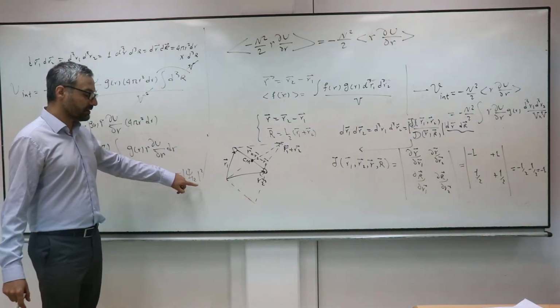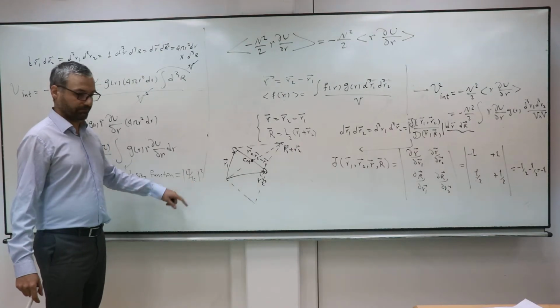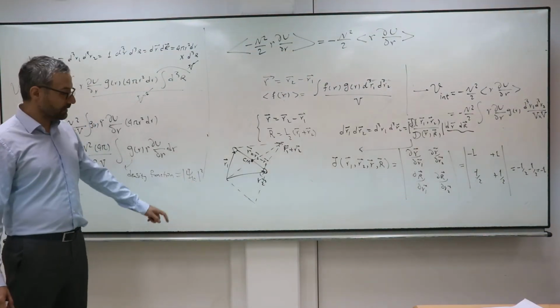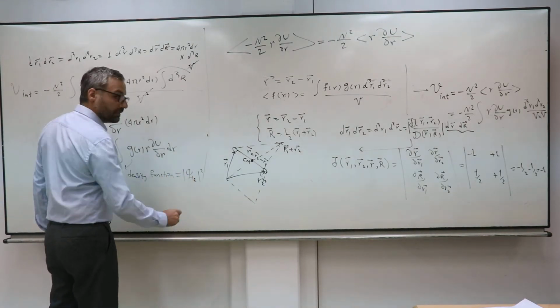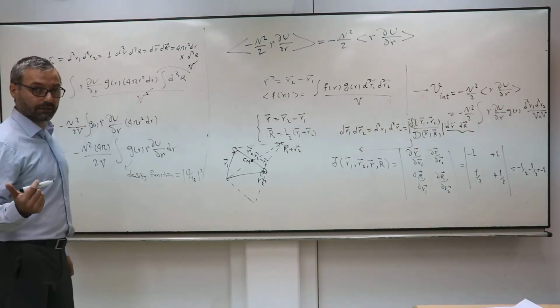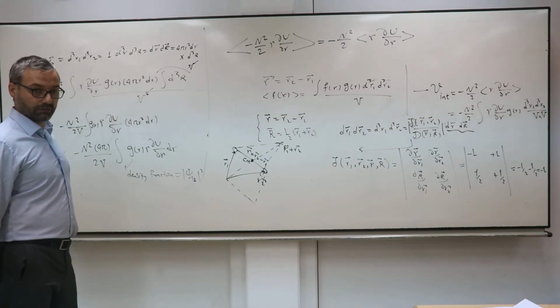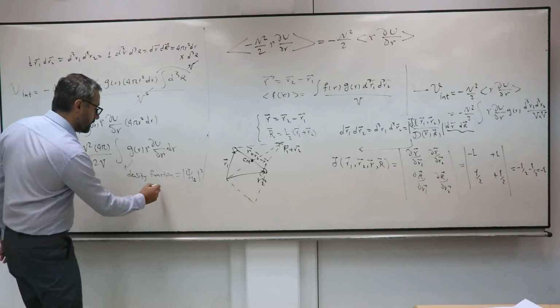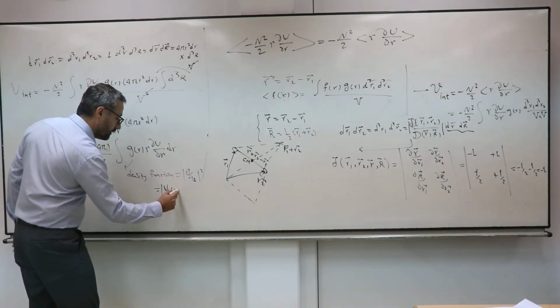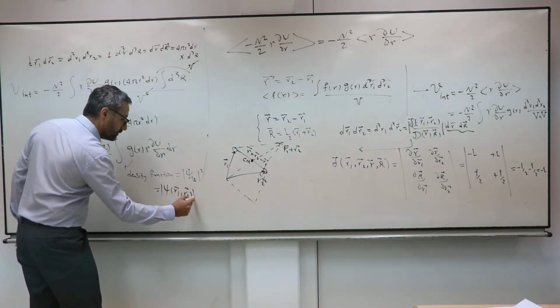So g is the psi square. It is the density of finding particle 1 in the coordinate r1 and finding the second particle in the coordinate r2. So this is exactly psi of r1, r2 squared.